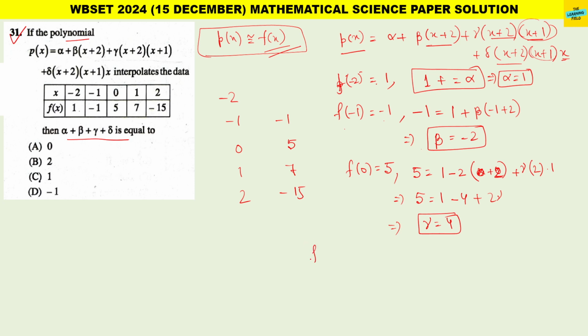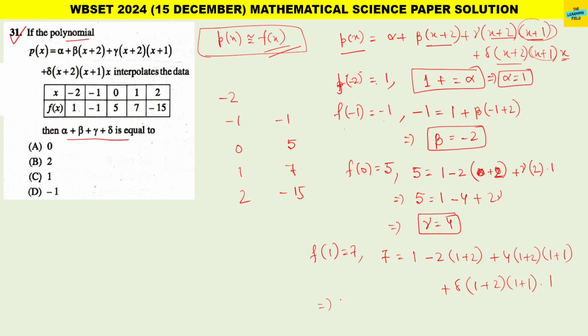And if we apply the next one, f(1) equal to 7, then 7 equal to alpha means 1, minus 2 beta into (1 plus 2), plus gamma means 4 into (1 plus 2)(1 plus 1), plus delta into (1 plus 2)(1 plus 1)(1).